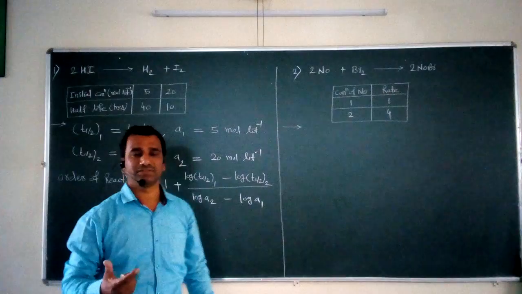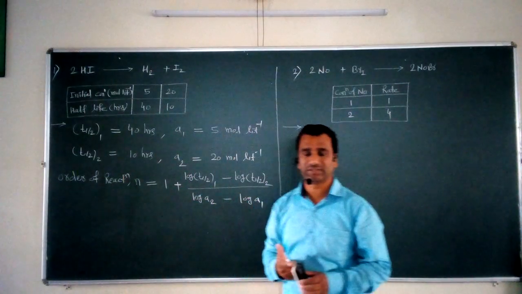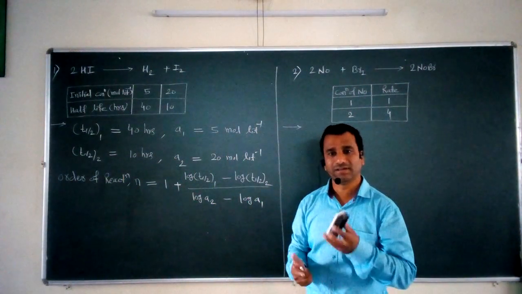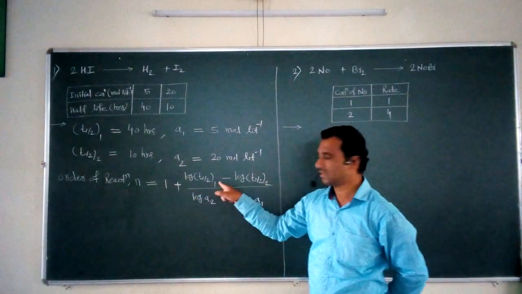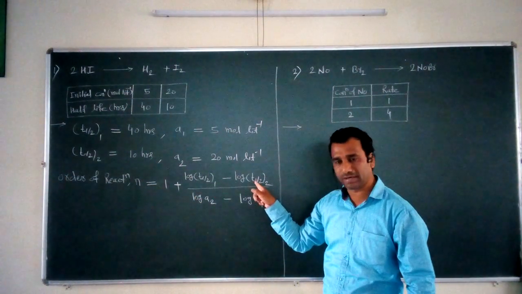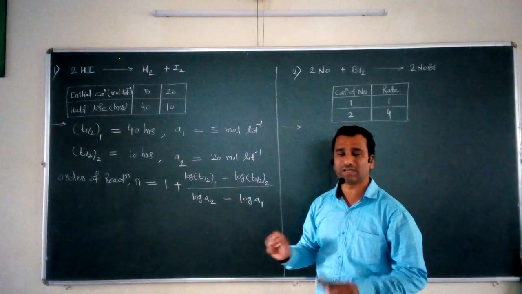So this is the equation from the half-life method to calculate the order of a chemical reaction.